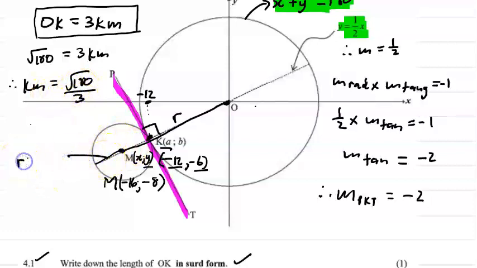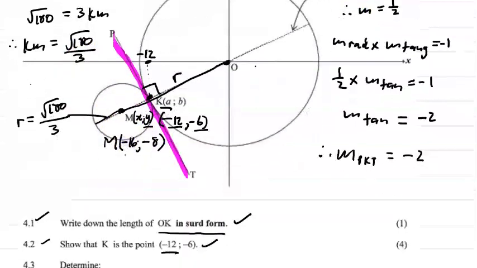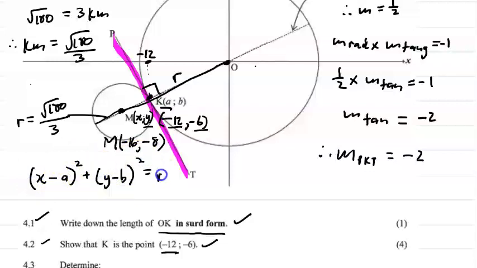So we know that r is equal to the square root of 180 all over 3. And we've got the center of the circle. So therefore, remember, for a circle whose center is not at the origin, it will be x minus a all squared plus y minus b all squared equals to r squared.